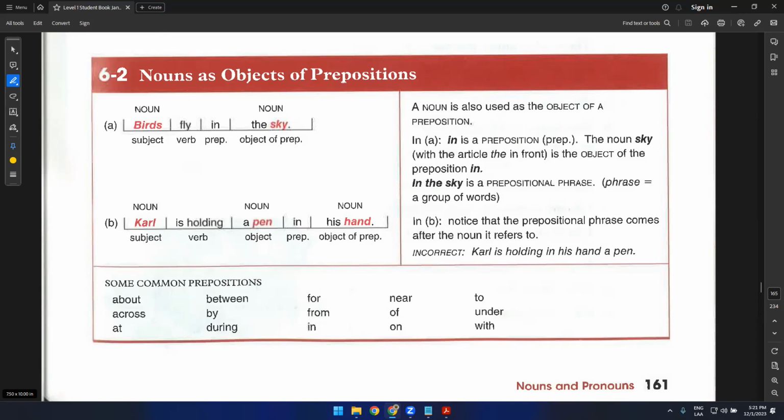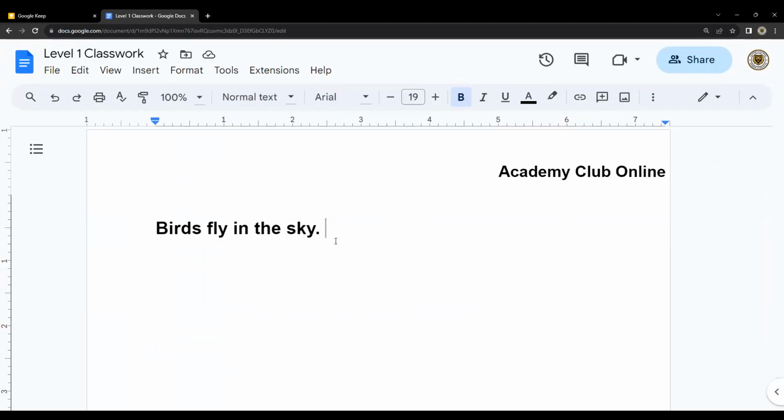Okay, so we have an example. Example A says birds fly in the sky, right? So what are the nouns in this example? Anybody? ¿Cuáles son los nouns?